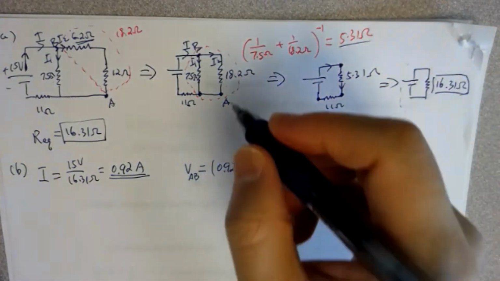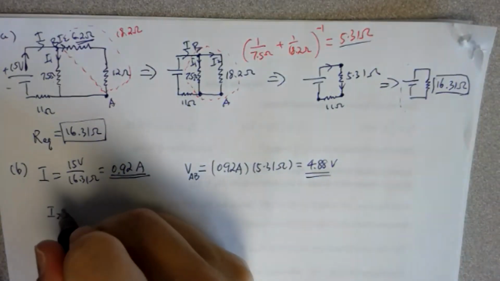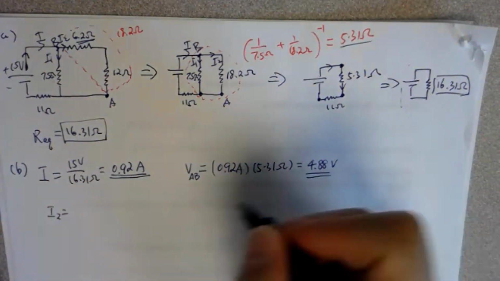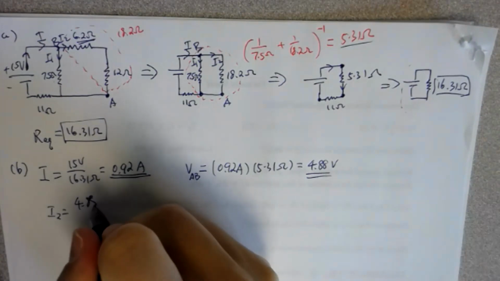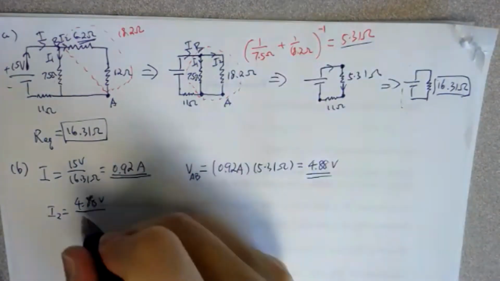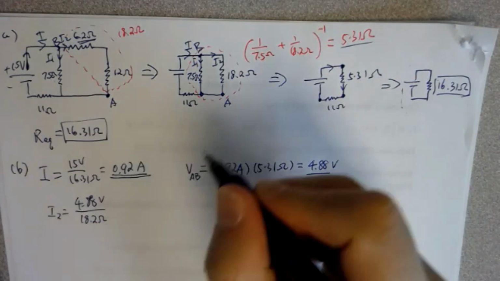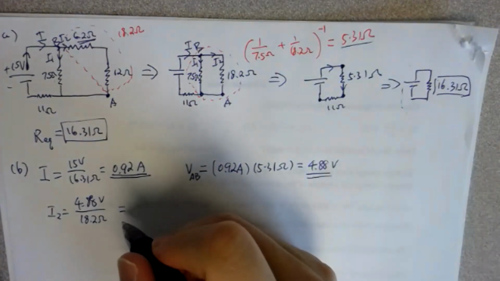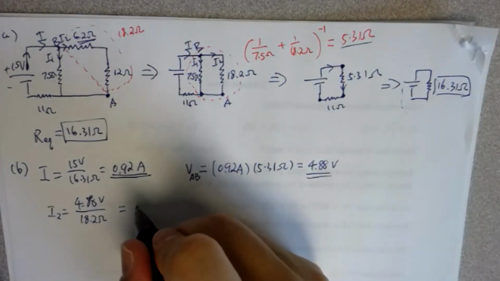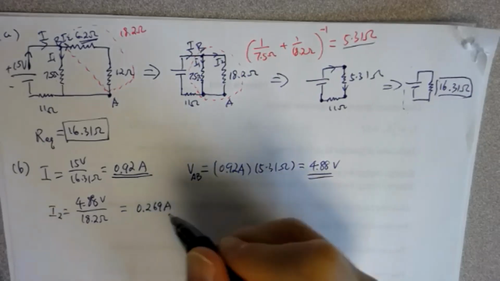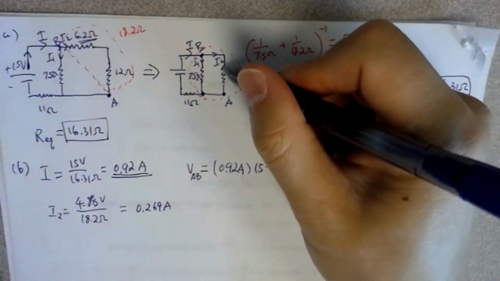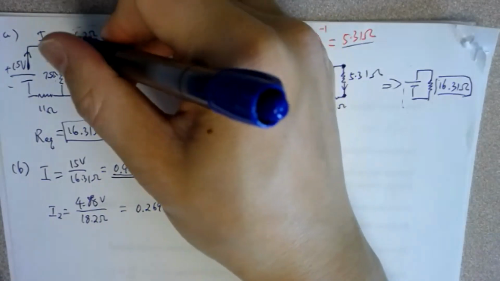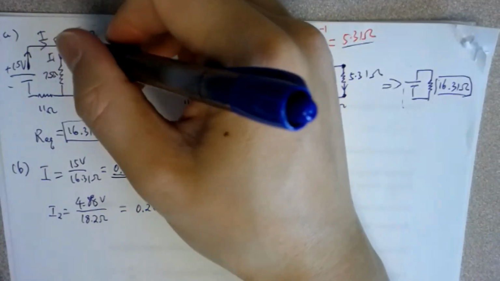So then current I2 you can directly calculate: it's this voltage, 4.88, divided by 18.2. That gives 0.269 amps, and that's the current across this resistor, which is a combination of those two.